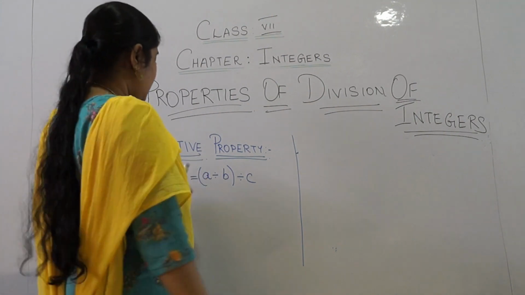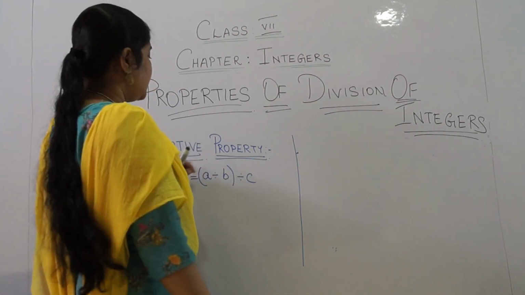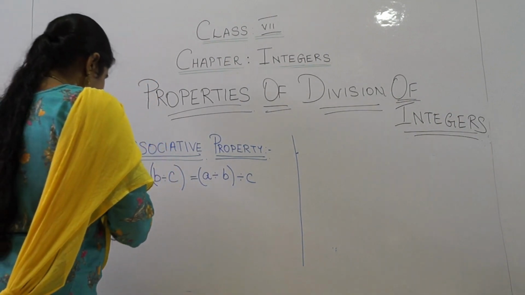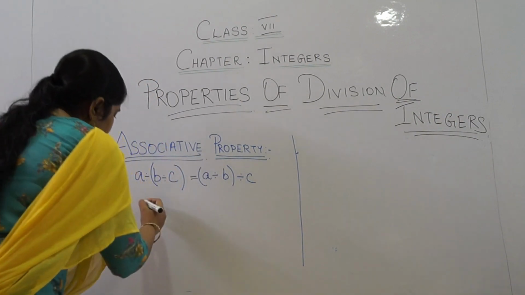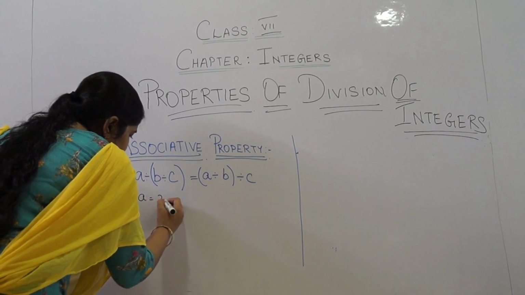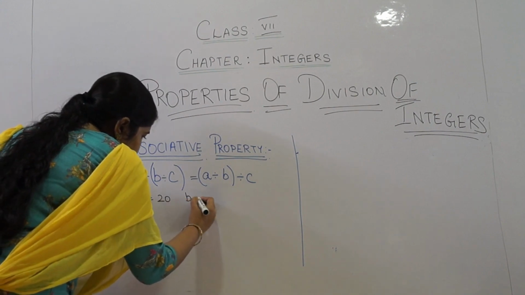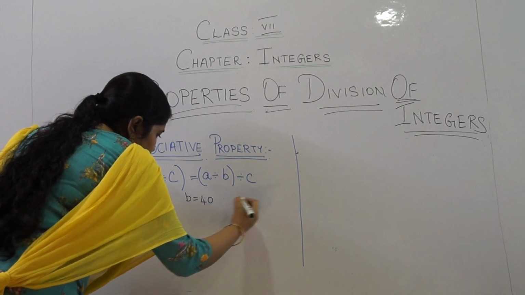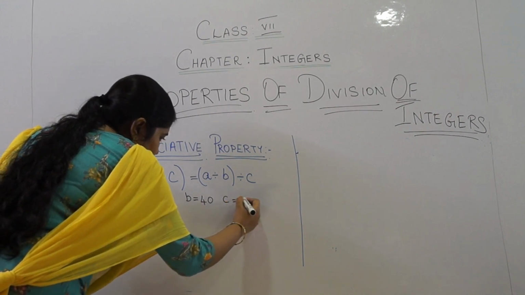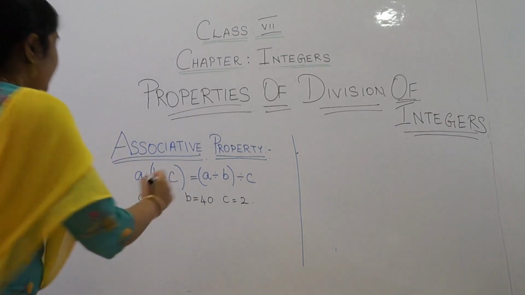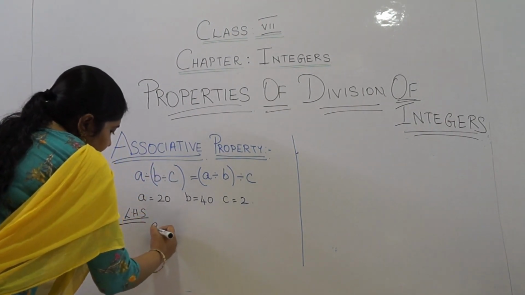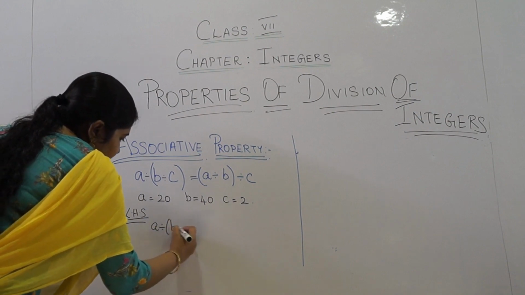Now shall we see if associative property holds good in division? Let's take an example. a is 20, b is 40, c is 2. So my left hand side is a divided by b divided by c.